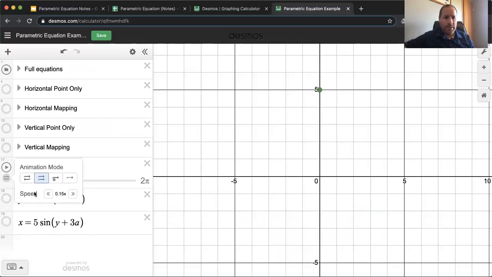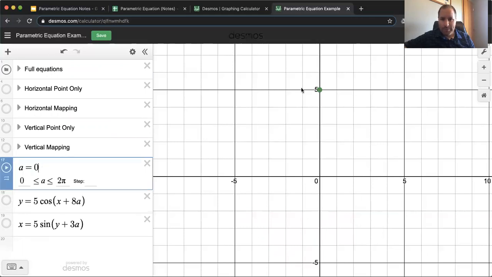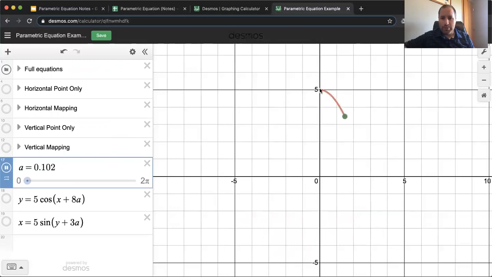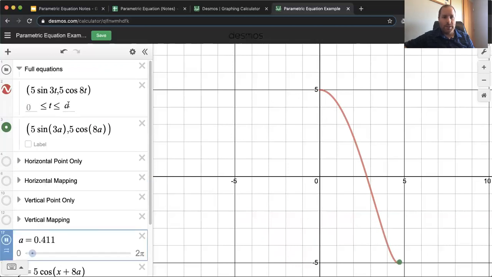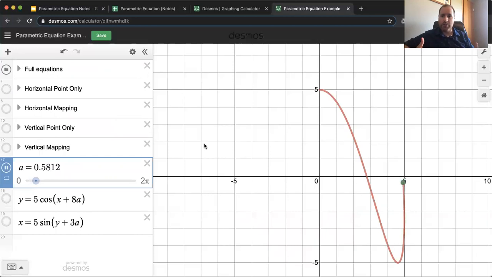What happens here, I'm going to slow it down just a little bit, is as we start moving at time 0, it's right here. The graph is not there. But what we can do is track where it is as we increase the time. Where is it going? That's just because it's mapping part of that equation. But this is essentially what a lot of physicists do.